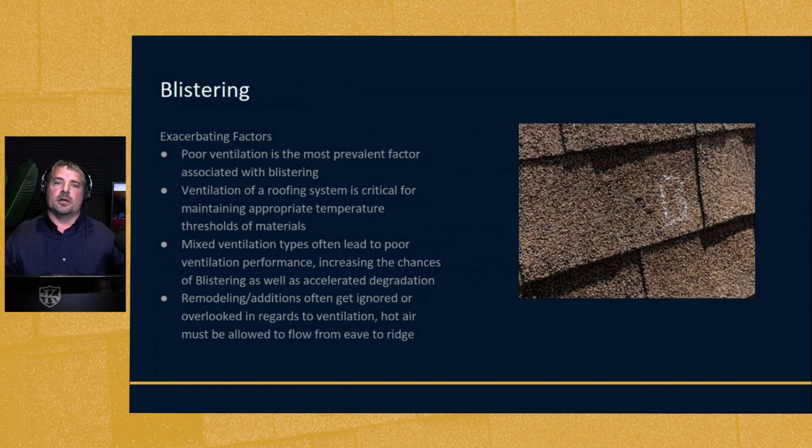What may be occurring there is that the intake is actually occurring from the box vents or the turbines, which are only a couple feet down from the ridge, and the outflow is through the ridge vent. So you've got maybe 10-15% of the roof that's ventilating correctly. The other 80-85% is not flowing and ventilating correctly. This can certainly exacerbate blistering on an asphalt composition shingle.